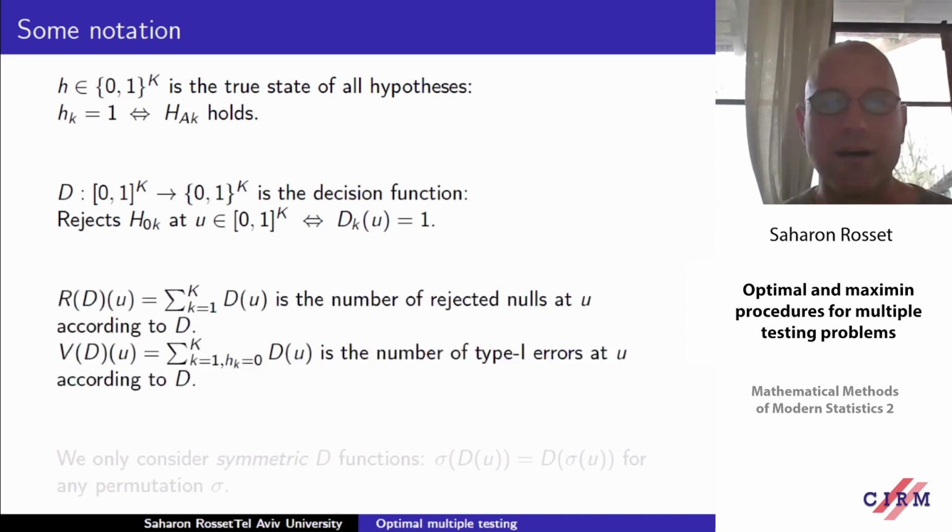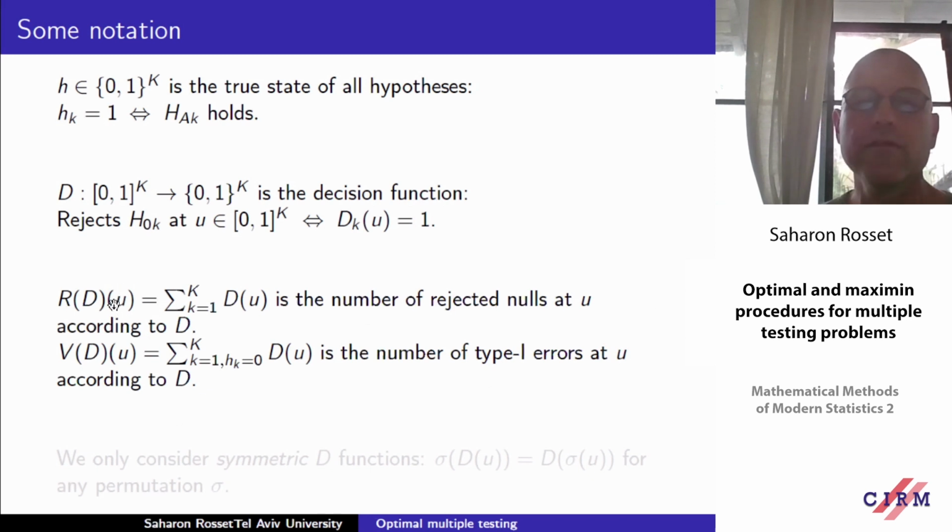R and V are the standard definitions in the literature. R is the total number of rejections, and V is the number of type 1 errors, that is, correct nulls rejected. And these are random variables that depend on the random vector of statistics that they get.